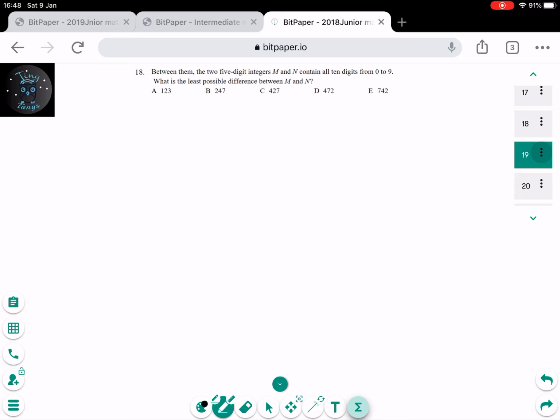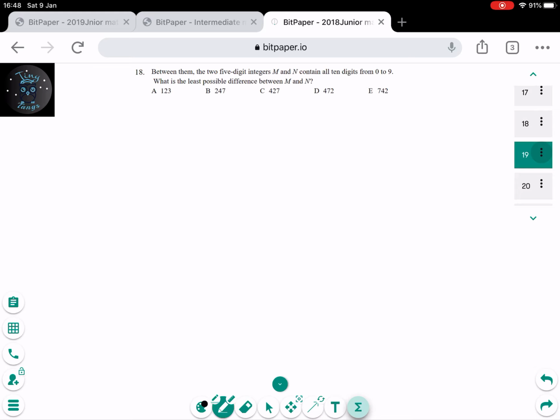For question 18, it says two 5-digit integers m and n contain all 10 digits from 0 to 9. So 0 to 9, two 5-digit integers.